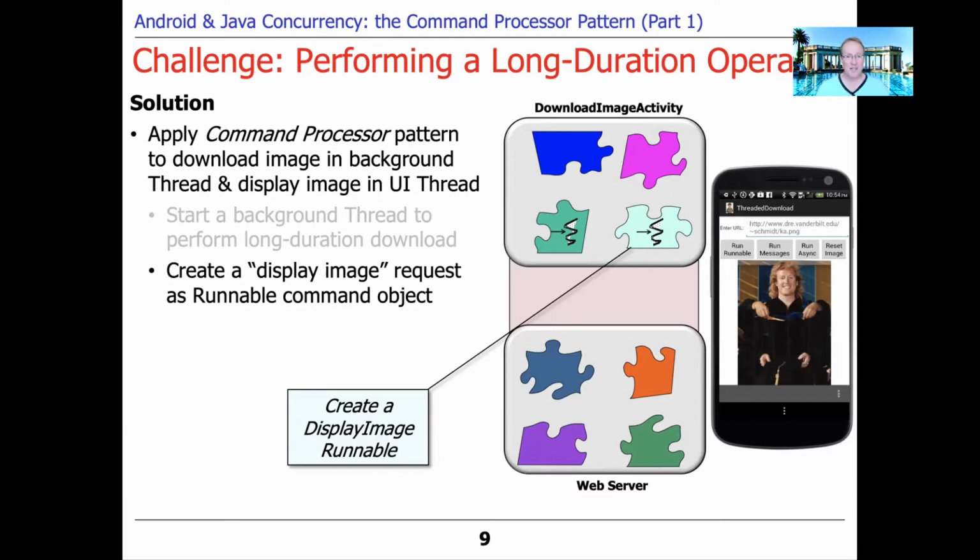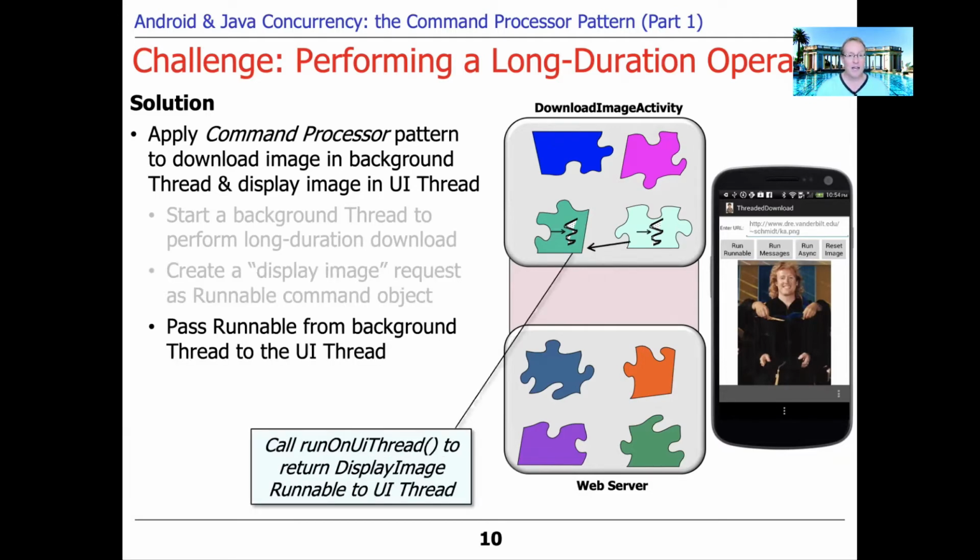We'll talk more about this when we get into the details of this particular example. So we would create a runnable that would know how to display the image. Then we would pass that runnable from the background thread, where it was downloaded, blocking, to the user interface thread, where it will ultimately be displayed without blocking, or at least not blocking for very long, however long it takes to put the image up and display it in the user interface screen.